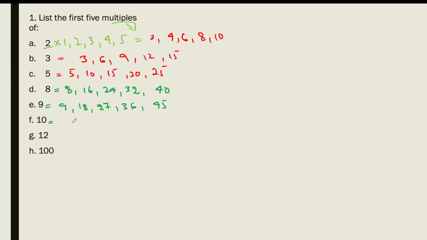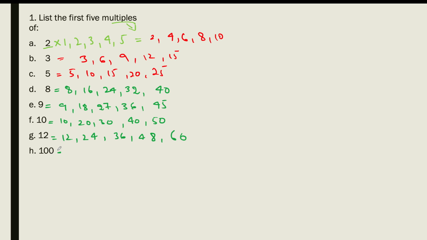For 10, we have 10 into 1 is equal to 10. The first 5 multiples of 10 are 10, 20, 30, 40, and 50. The first 5 multiples of 12 are 12, 24, 36, 48, and 60.